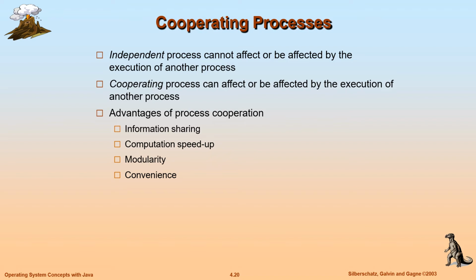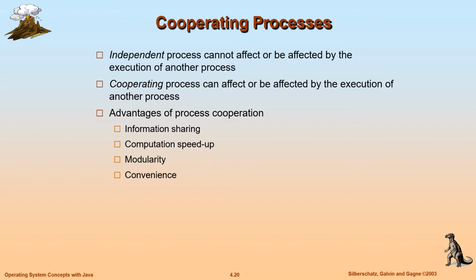Now see what a cooperating process is. A process is cooperating if it can affect or be affected by the other processes executing in the system. Clearly, any process that shares data with other processes is a cooperating process.